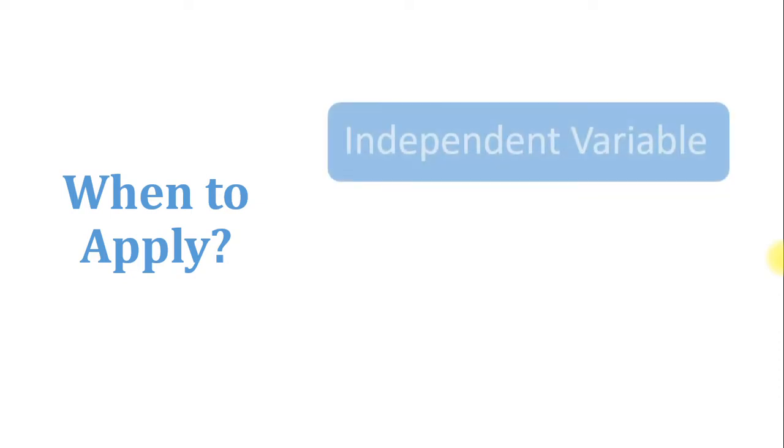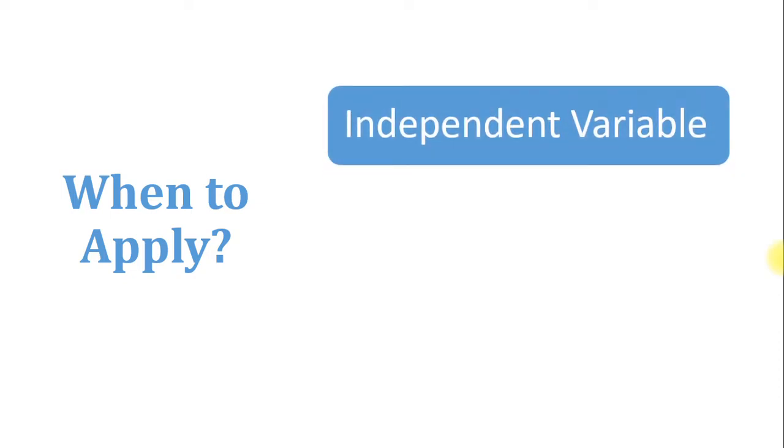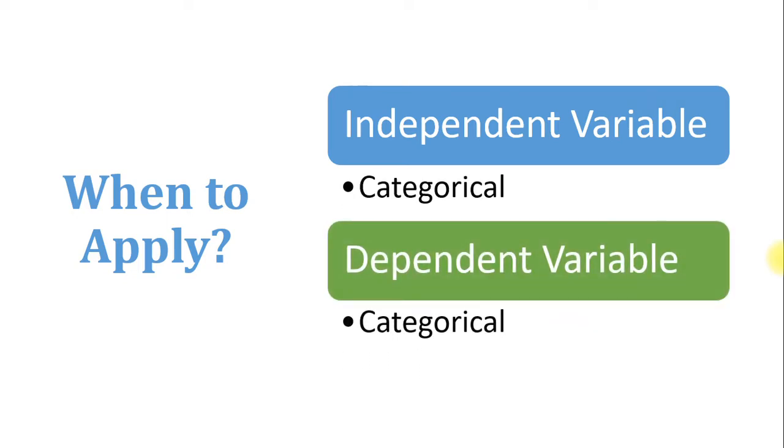First question is when to apply. We have two types of variables, independent and dependent variable, but the condition is when both are categorical variables, then only you could apply chi-square test. Categorical in the sense that they have a category of responses, category of answers. For example, let's say we have an independent variable like gender, where we have male and female as the two categories.